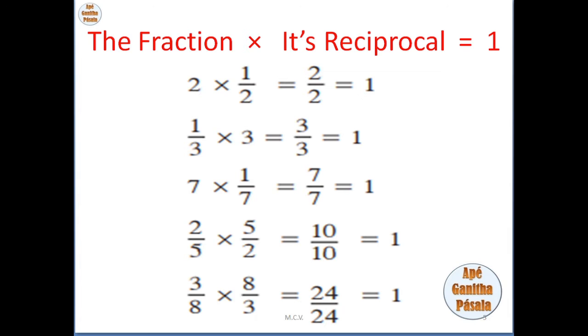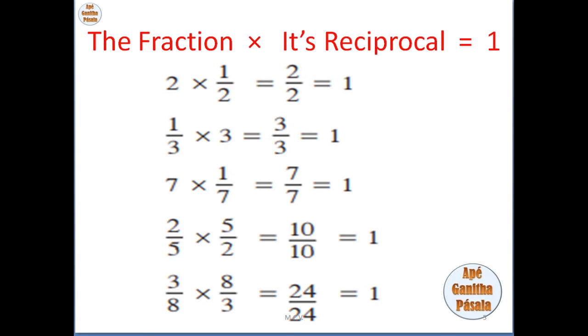Now there's a special thing. You can notice a new thing: when you multiply a fraction by its reciprocal, you always get the answer 1.